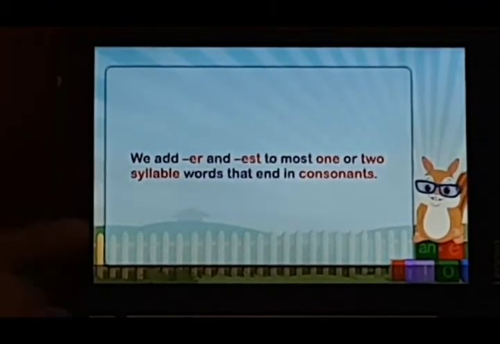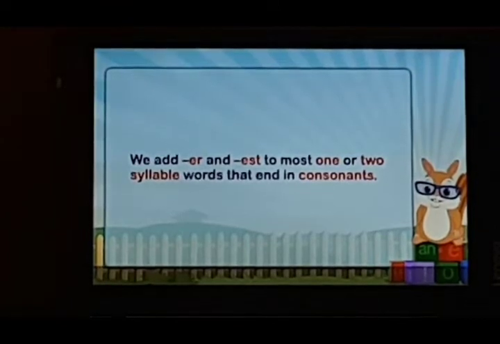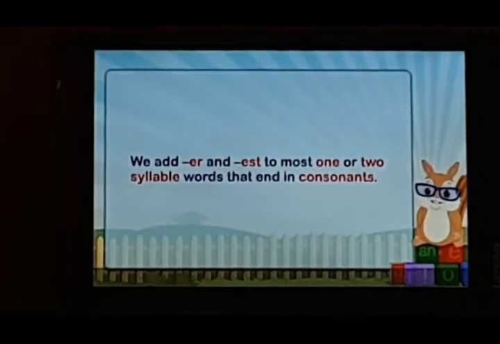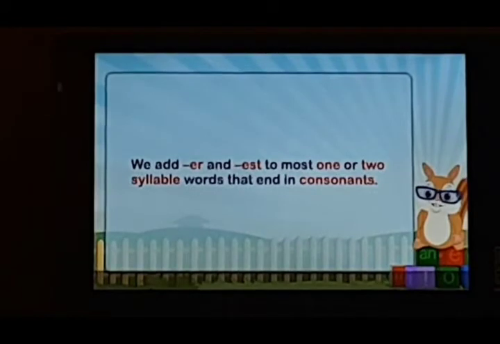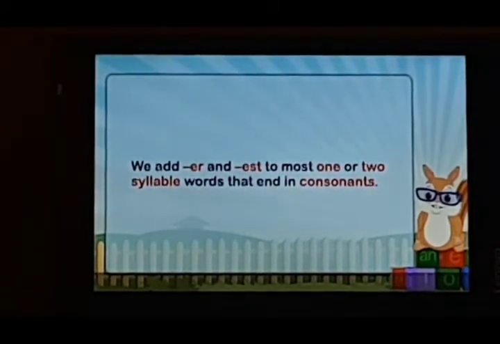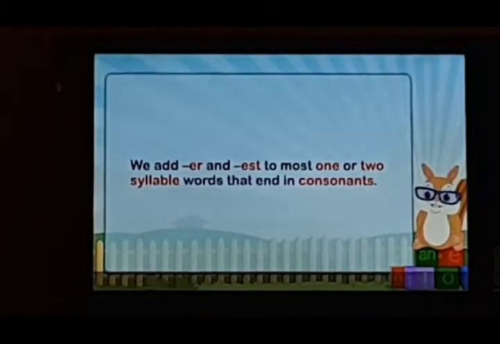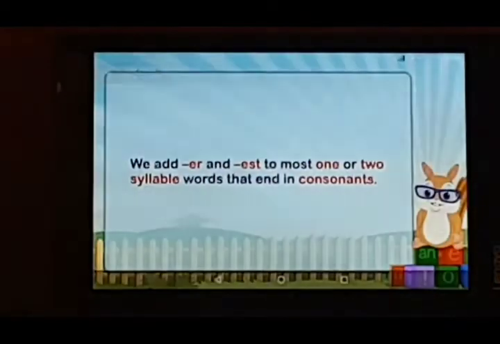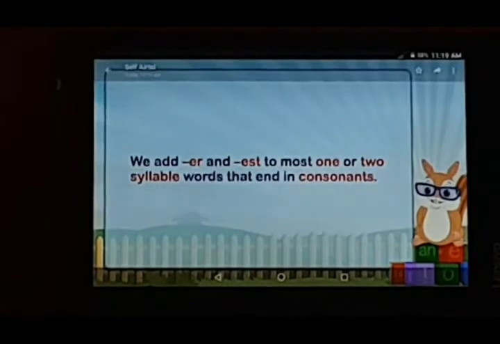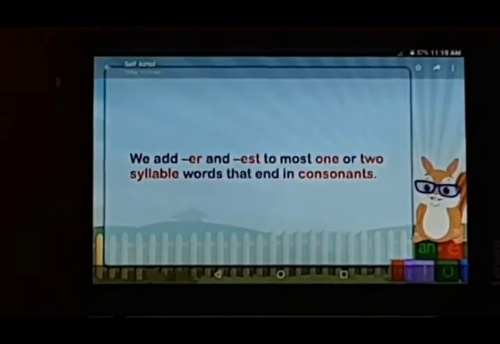What does this word syllable mean? This word means how many parts a word has. That means in how many breaths we can say a word. For example, we have the word beautiful. See, how can we break this word?